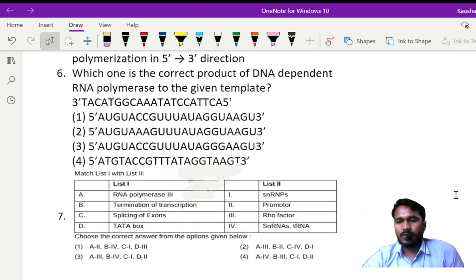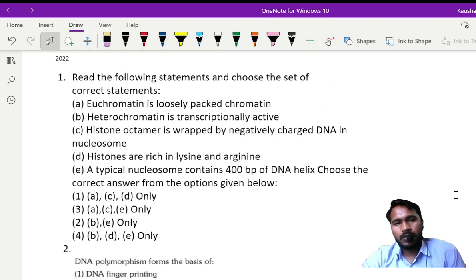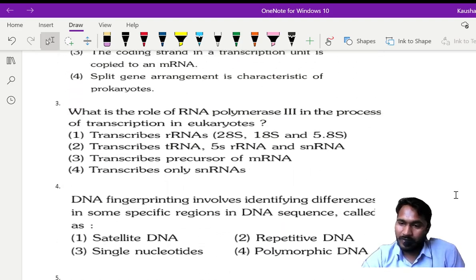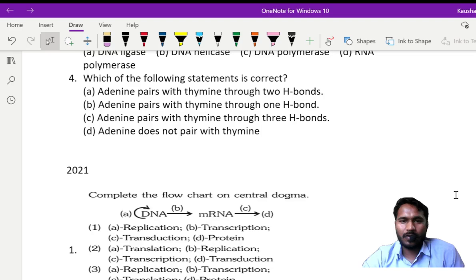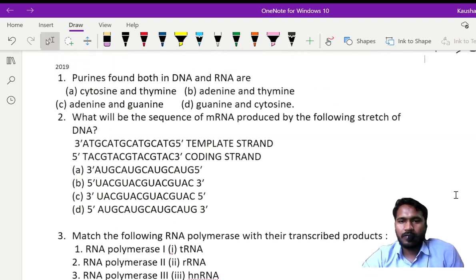Oh my god, these many questions are there. So I took questions from 2019, and you will understand the trend of the NEET examination, where it is shifting.